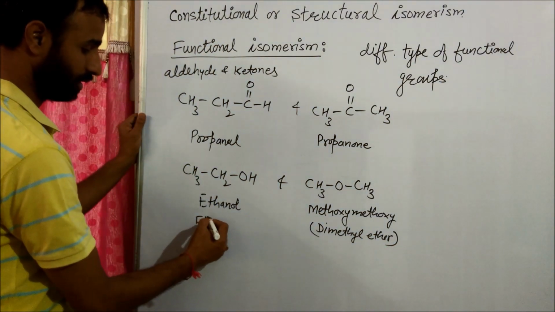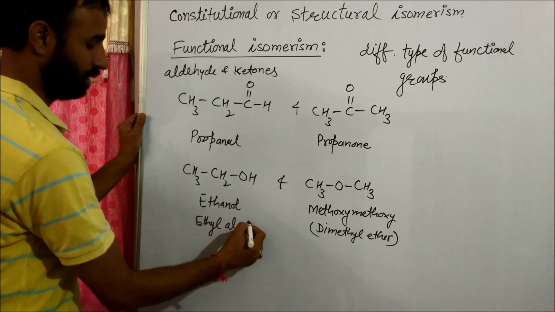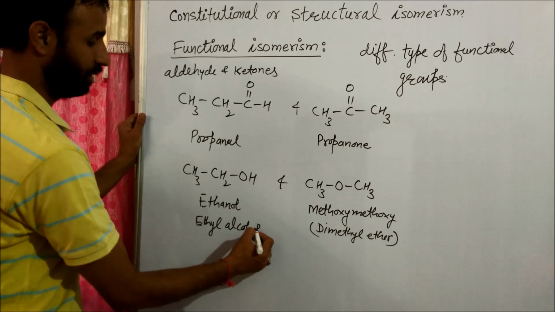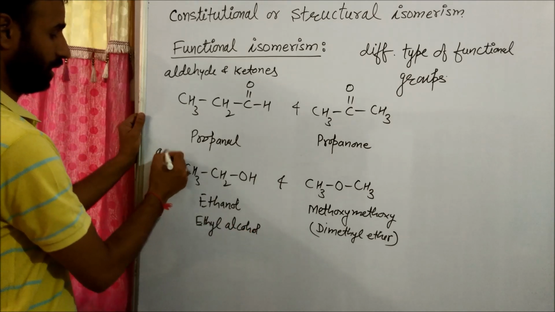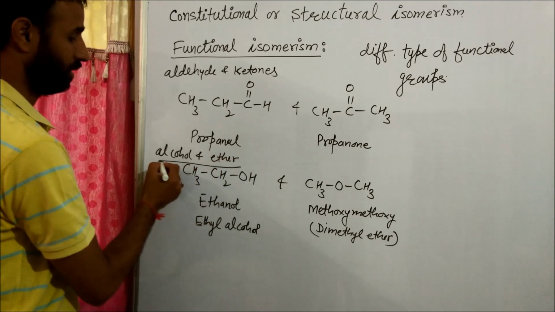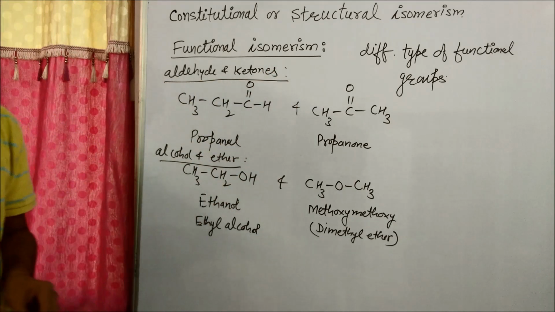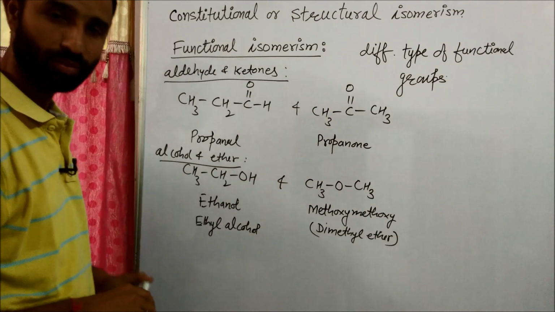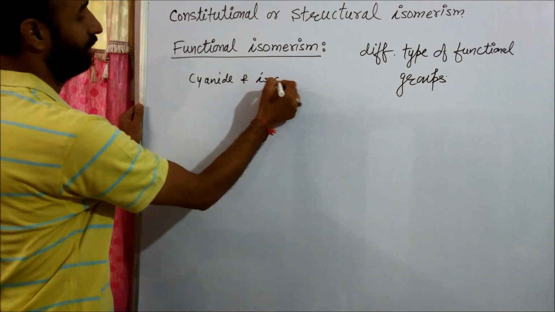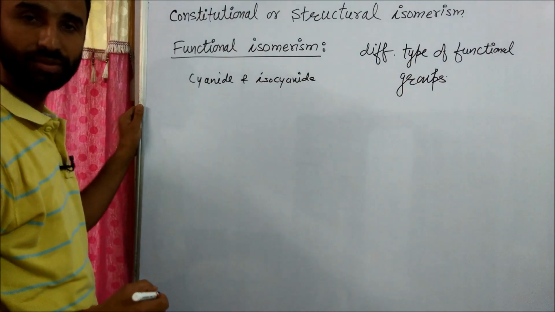Its common name is ethyl alcohol. So that means alcohol and ether are again functional isomers. Cyanide and isocyanate.